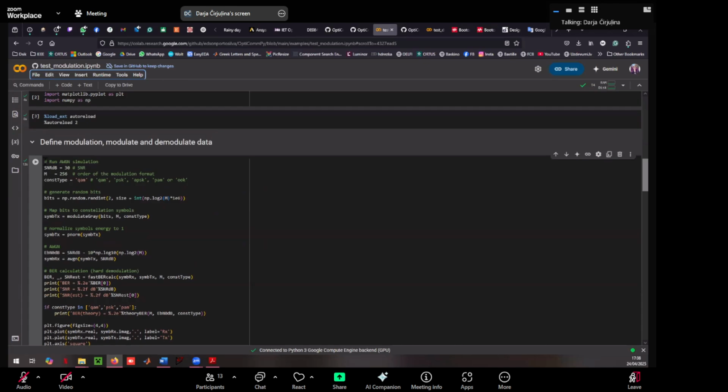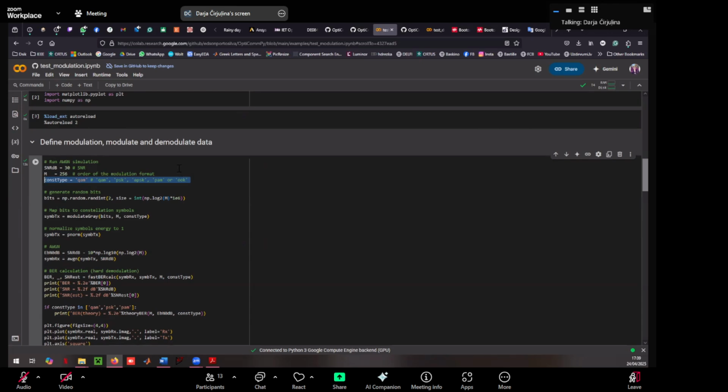The most important parameters you would be changing are the SNR value, signal to noise ratio in decibels, and the order of the modulation. I just decided to test the 256 QAM modulation. As you can see, there are multiple options to choose from, which type of modulation to test.